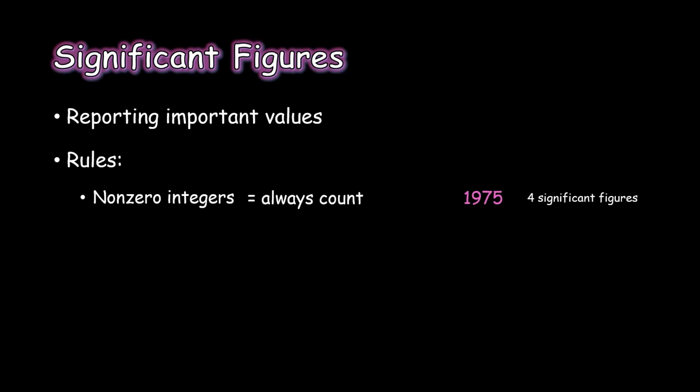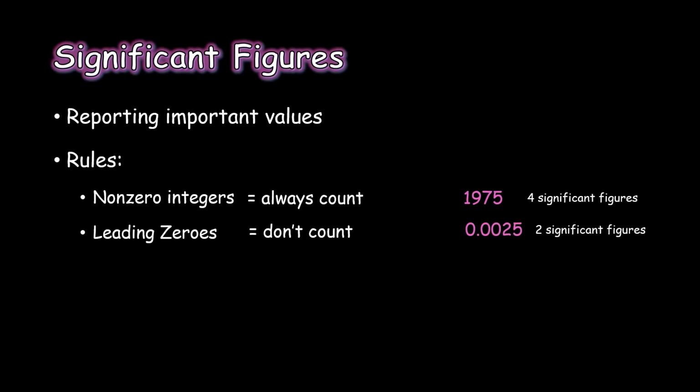integers. The next rule, we have leading zeros. And leading zeros do not count as significant figures. So for example, we have this number here, and there are only 2 significant figures because the zeros before the 2 and the 5 are considered to be leading zeros.